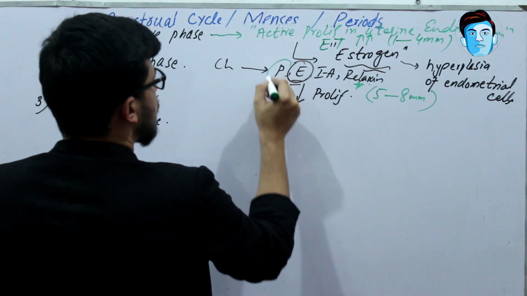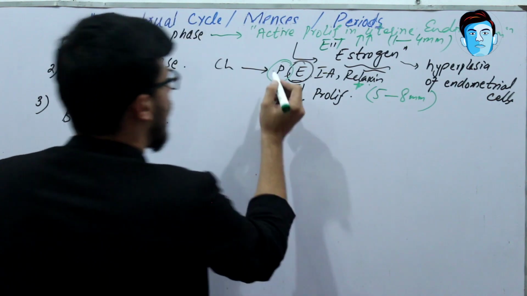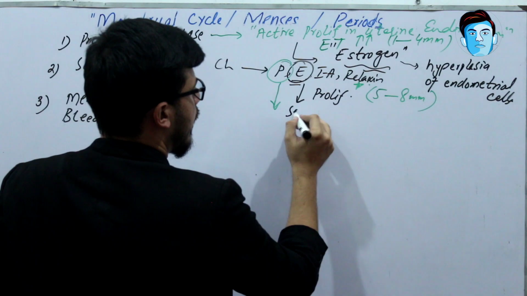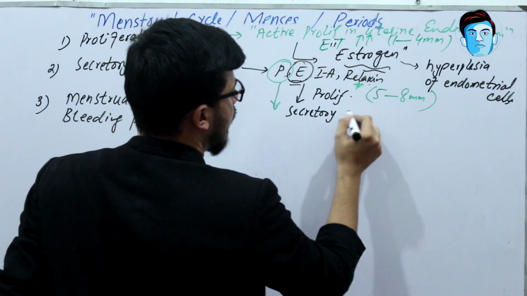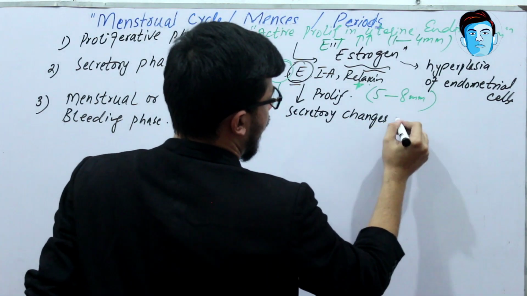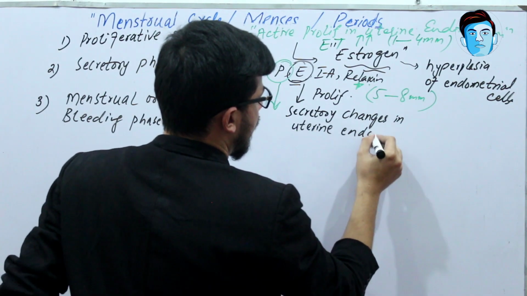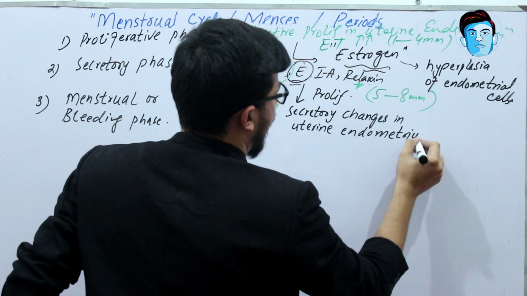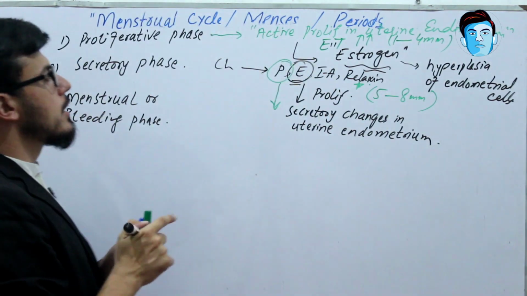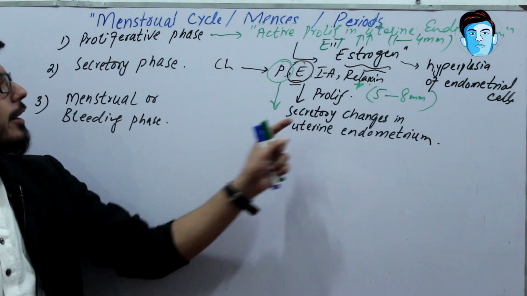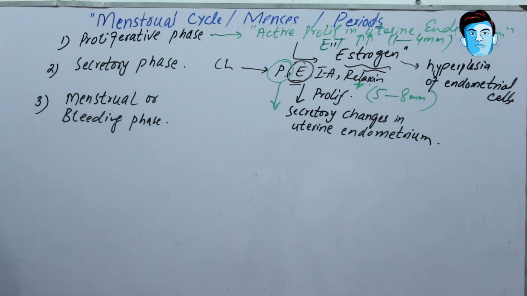Now here the progesterone level, what does this progesterone actually do? It helps in the secretory changes in uterine endometrium. So progesterone, already we discussed progesterone, changes the endometrium.